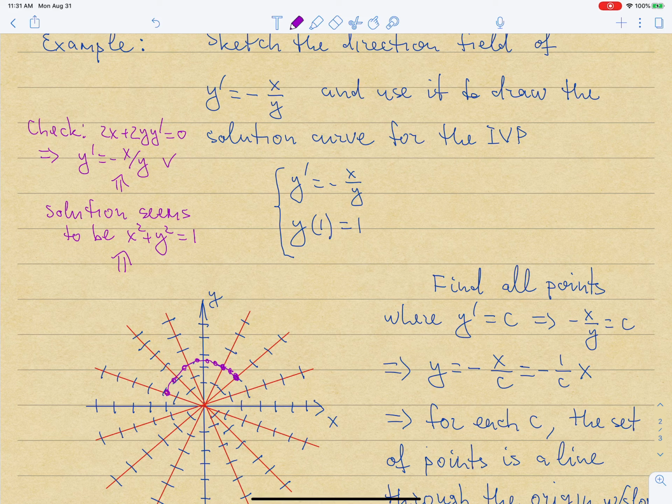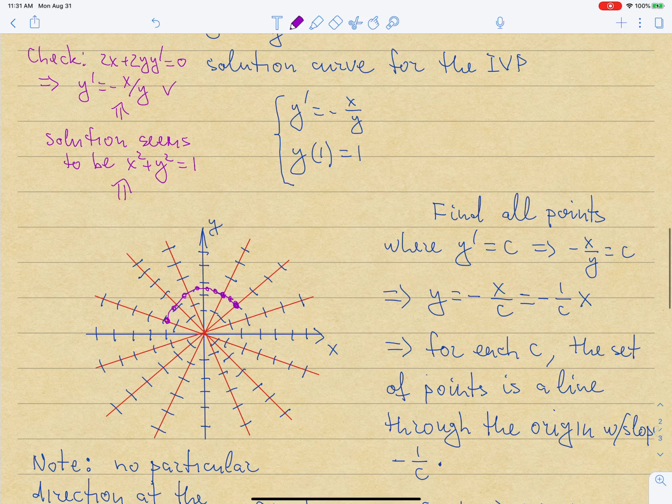So this checks out, right? So indeed, the solution that I found works, but actually there is one more thing that we need to verify. So I got a circle, right? But how do I know that the right-hand side here is equal to 1?